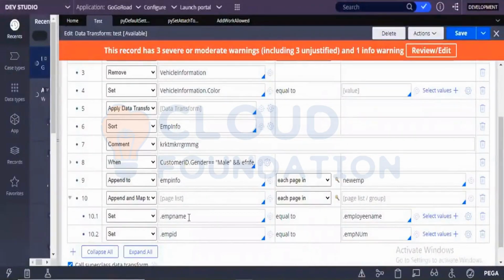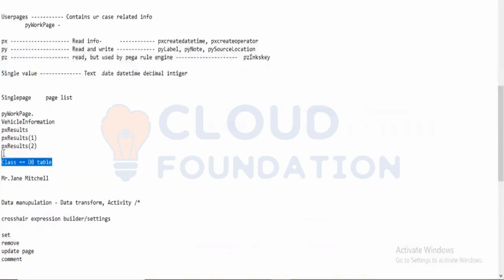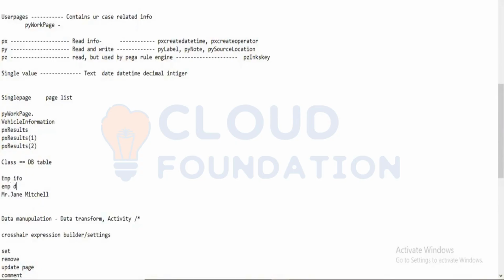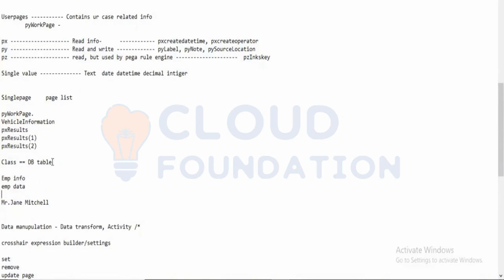But in the background, you have to understand. Let's think there are two pages called employee info and employee data. These two pages are actually mapped to the same DB table, in the same class.